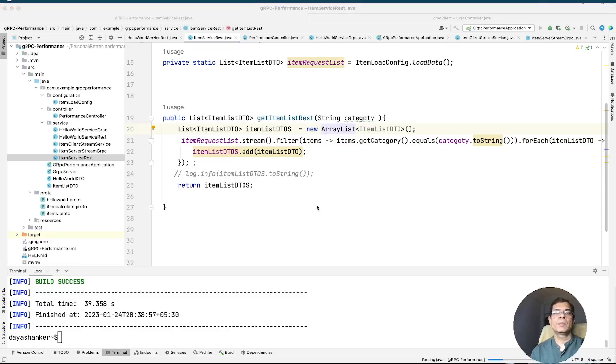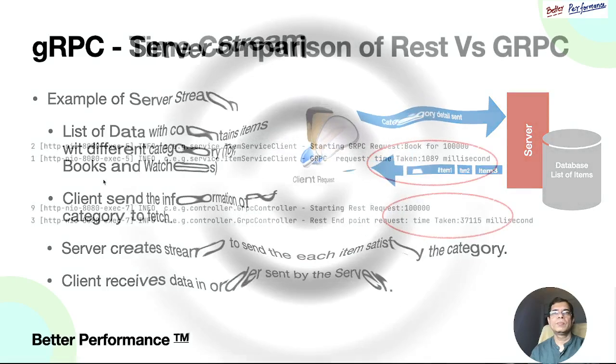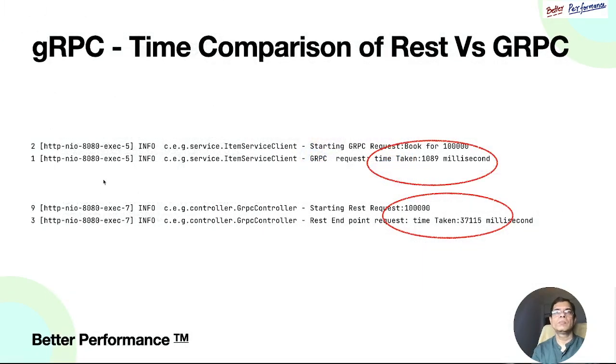Here you will see that once we have run both the services, REST and gRPC, on gRPC I'm calling exactly 100,000 requests.